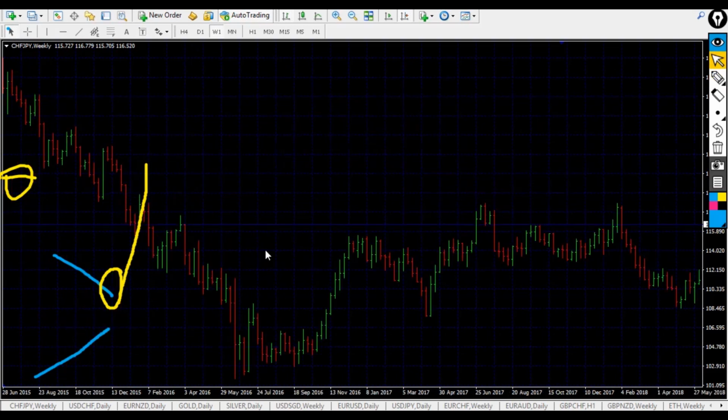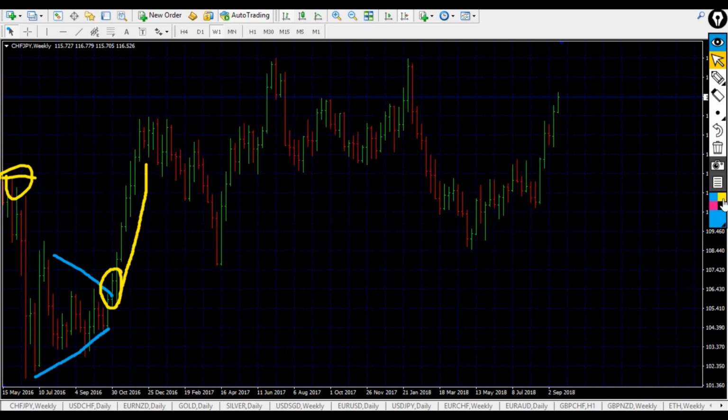Okay, yeah, there's some level over here. Price reaches a stop over here, right? Price stops over here, and then it begins to go sideways.